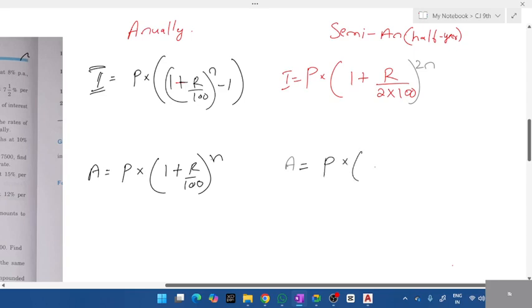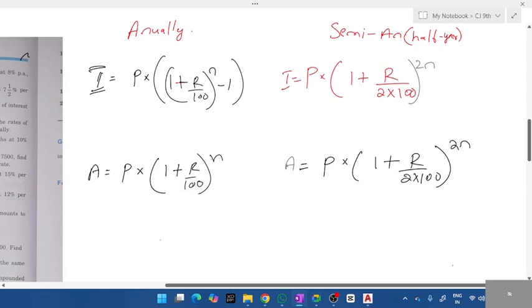One more, even for amount, what to write for amount? P into 1 plus R divided by 2 into 100, to the whole power 2n. Even that I taught you.